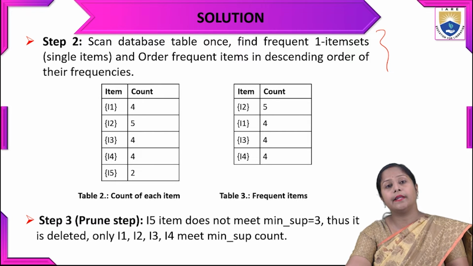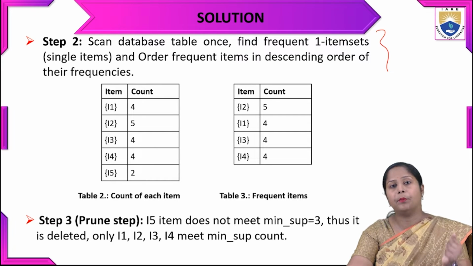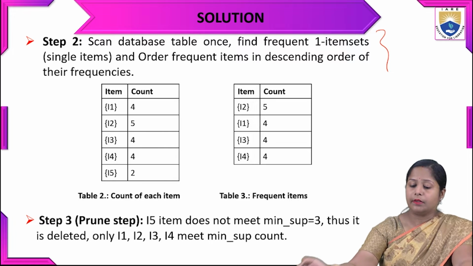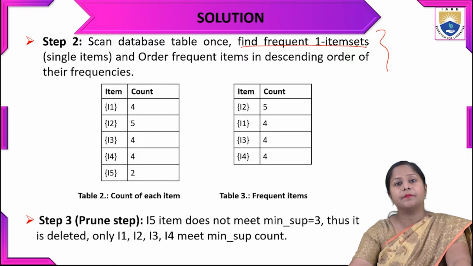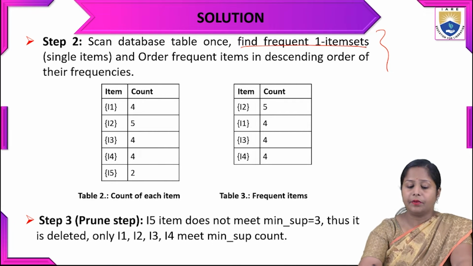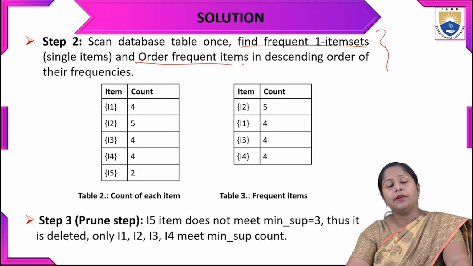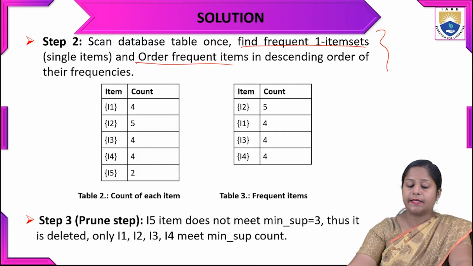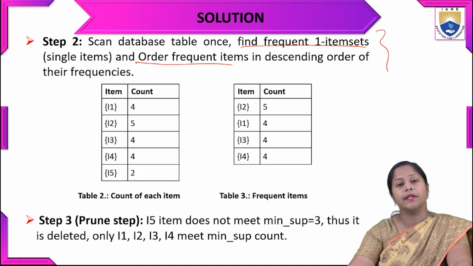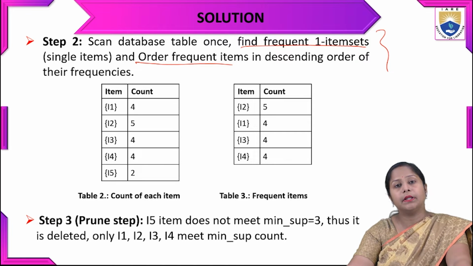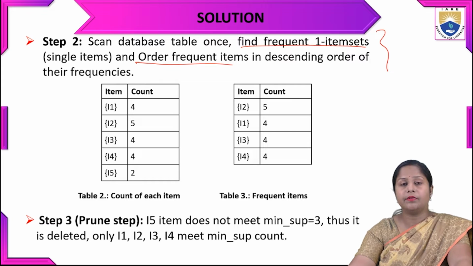We take the count of each, which is the support. We find the frequent one item sets and order them in descending order of their frequency. Frequency is nothing but the support of each individual item.